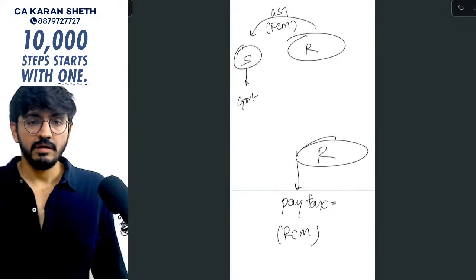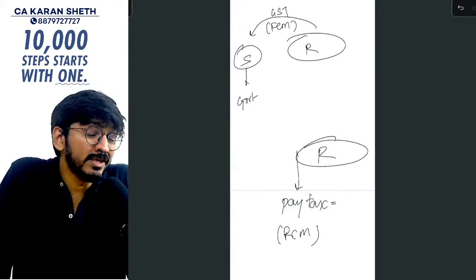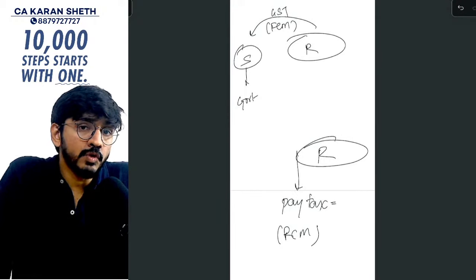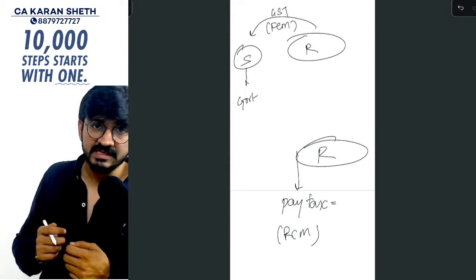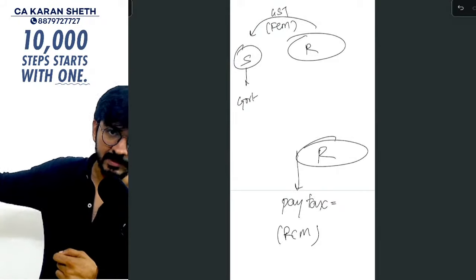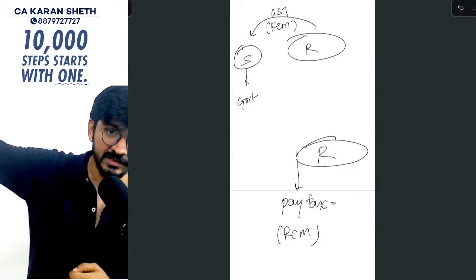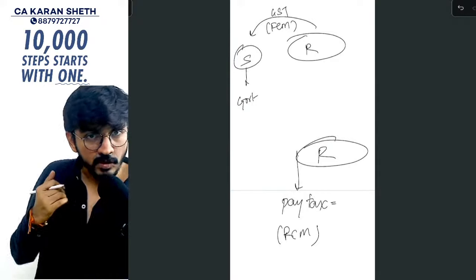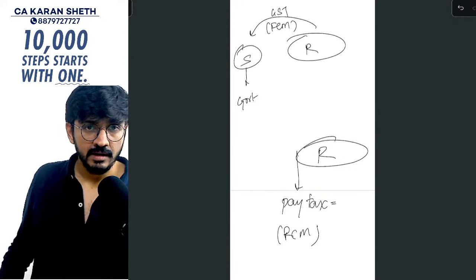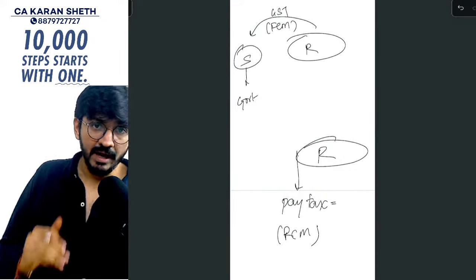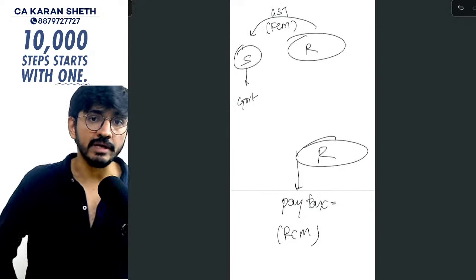The money is going from his pocket. Either he's tearing a cheque of 1,10,000 to the supplier, the supplier keeps 1 lakh with himself and gives 10,000 to the government. His pocket is getting emptied to the extent of 1,10,000 only.